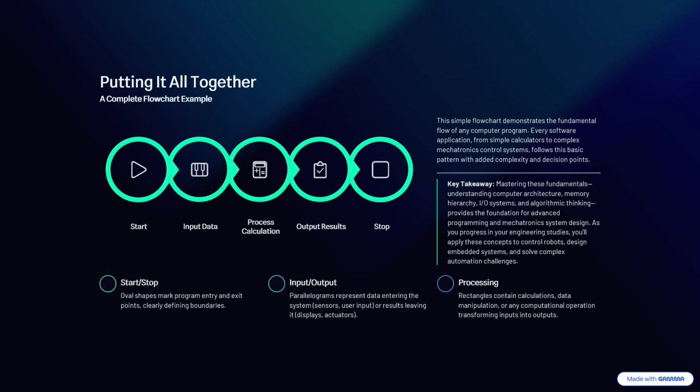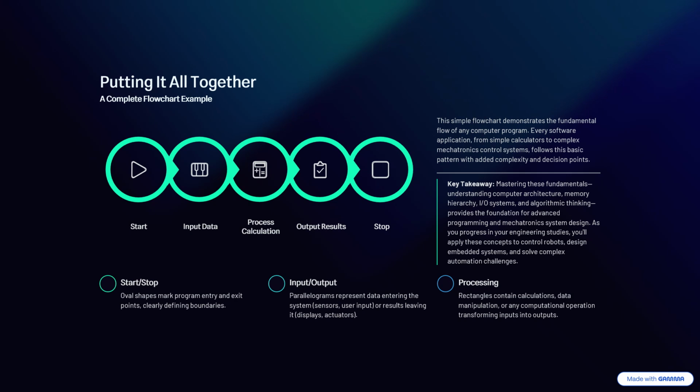Key takeaways. Mastering these basics, architecture, memory, input and output, and algorithms, is the foundation of engineering, robotics and automation.